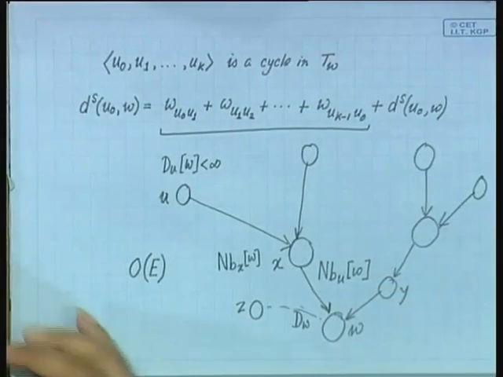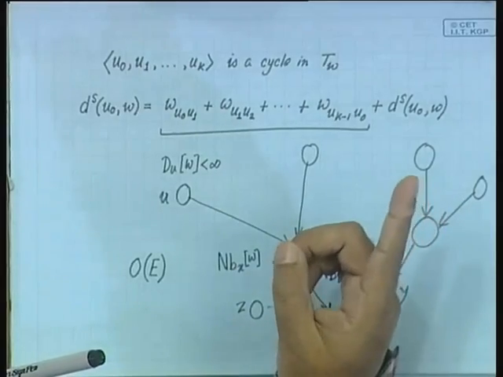It is storing the next node on the path to W, but it does not know which are the other nodes for which it is the next node on the path to W. So, I know that to send a packet to W, I will have to send it to him, but I do not know which are the other nodes which are going to use me to route packets to W. That information is not there with me.